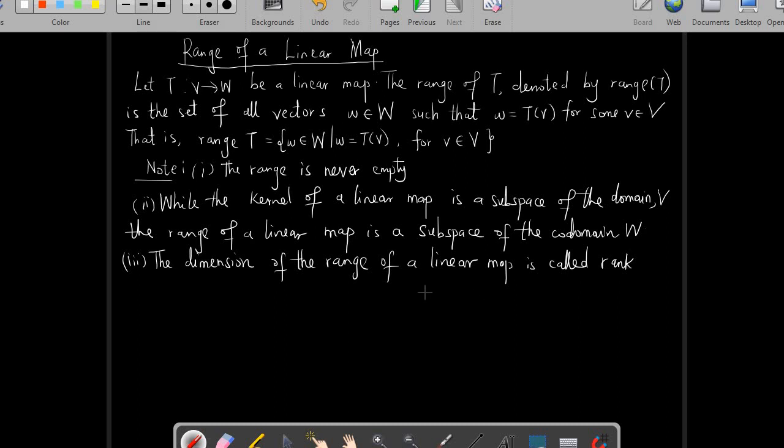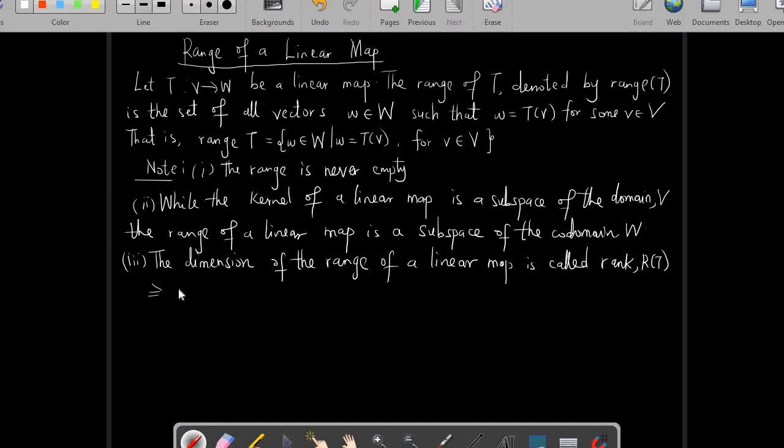It is denoted like this, capital R of T. That should be all.